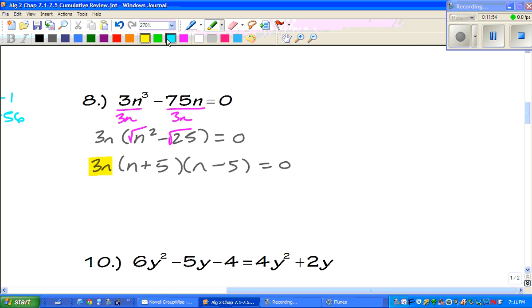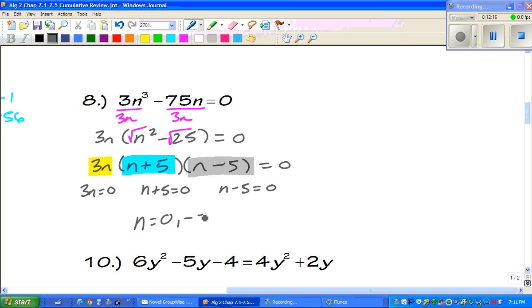Now, everything with the variable gets set equal to 0. So 3n equals 0, n plus 5 equals 0, and n minus 5 equals 0. And that's where you get your answers of n equals 0, -5, and 5.